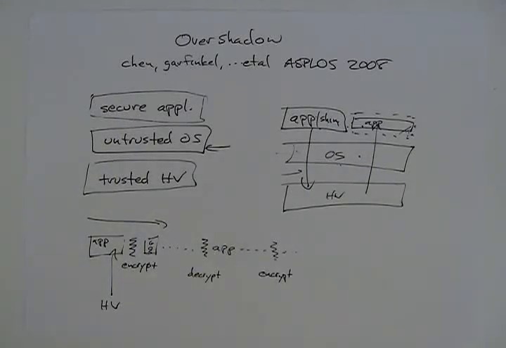So in general, there's been a lot of work done on security with virtual machines. There's various ways that you can use them to monitor an operating system from underneath and look at its behavior, see whether it's been subverted.